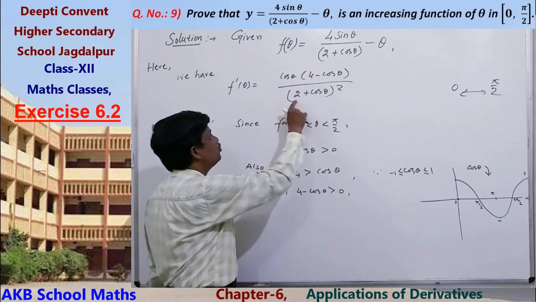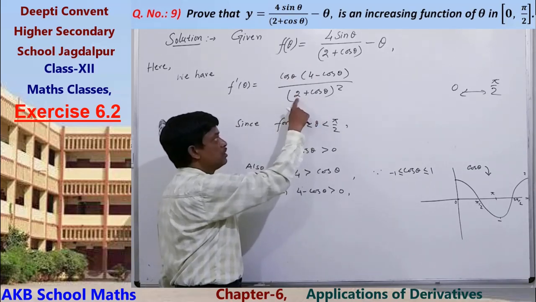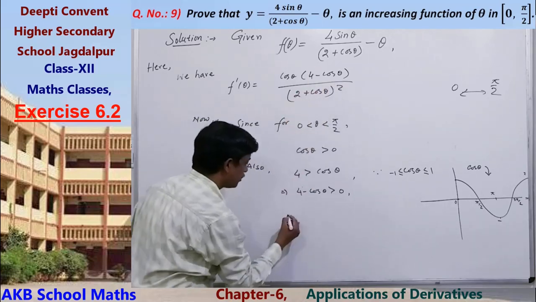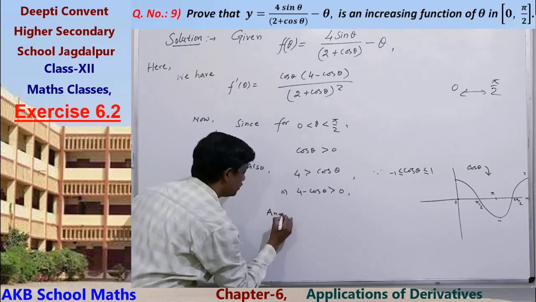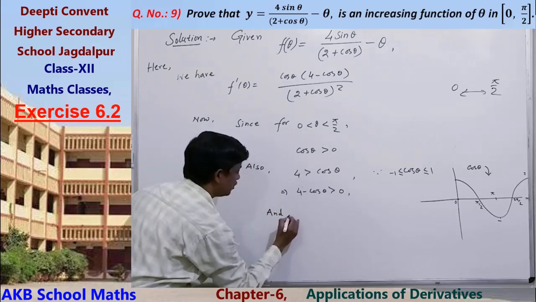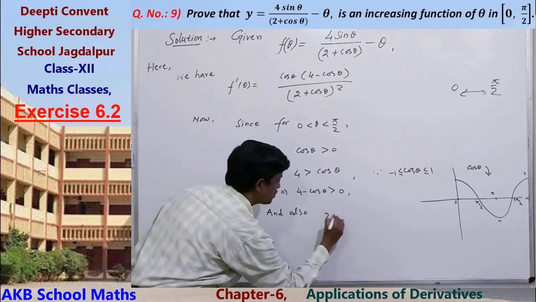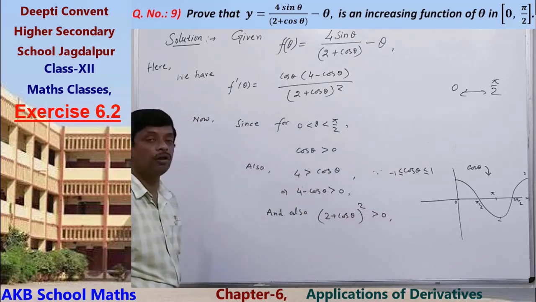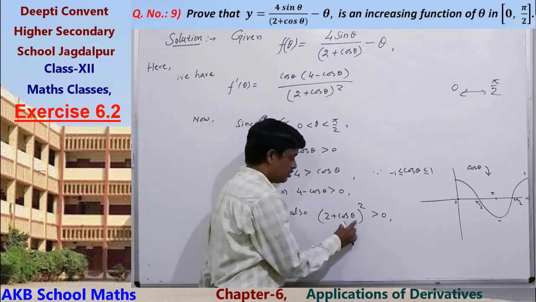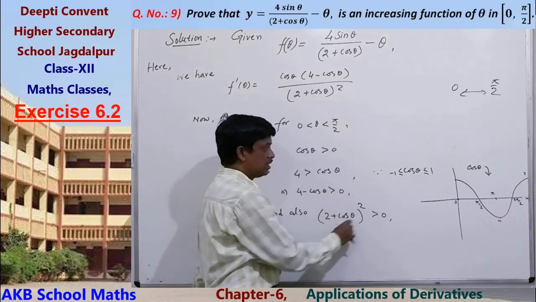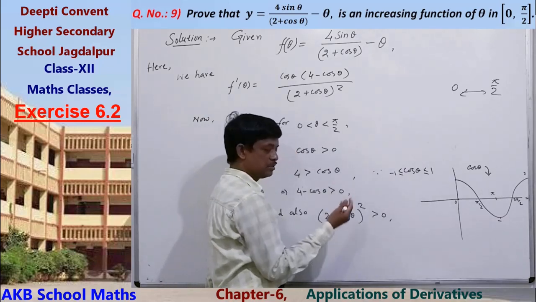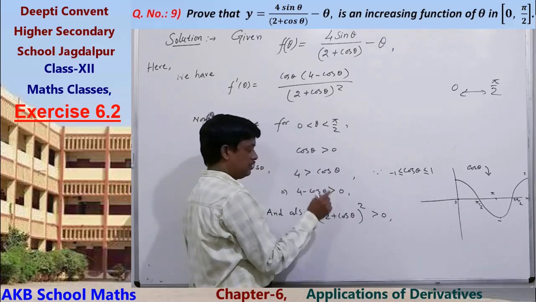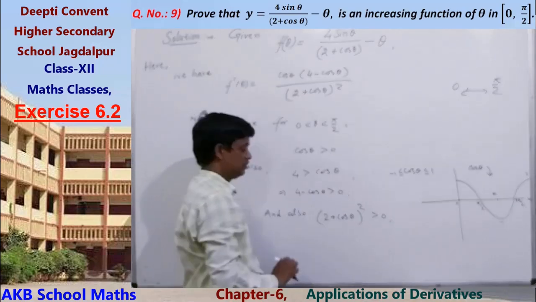Also, the square of 2 plus cos theta is greater than 0 always, because cos theta lies between this, that's why 2 plus cos theta is a positive quantity. The square of that quantity is also positive. So these three quantities are positive.